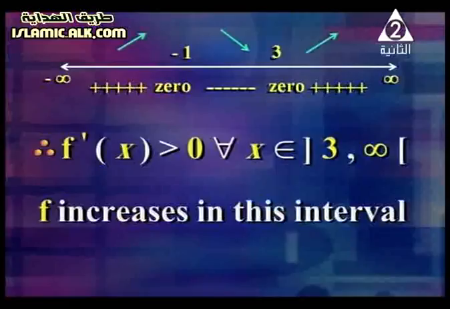Dear student, we find 3 cases of behavior of the function. The first case: when f dash x is more than 0, or positive, we say the behavior of the function is increasing. The second case: when f dash x is smaller than 0, or negative, we say that the behavior is decreasing.